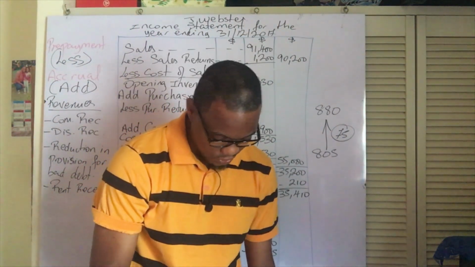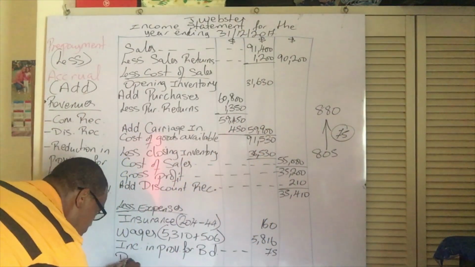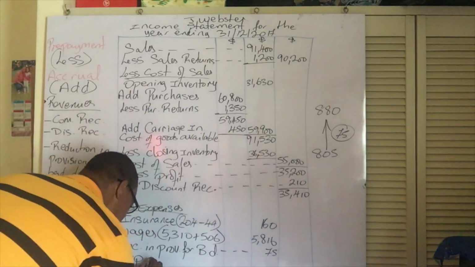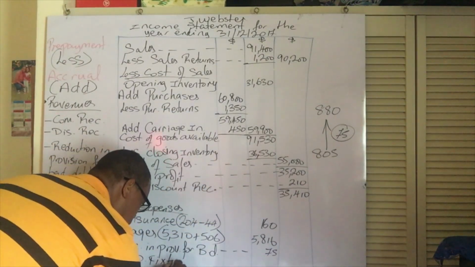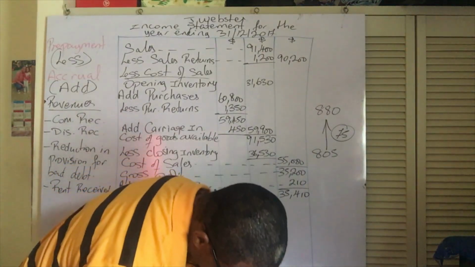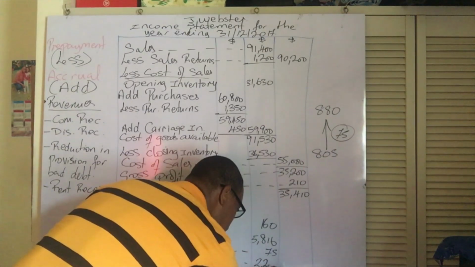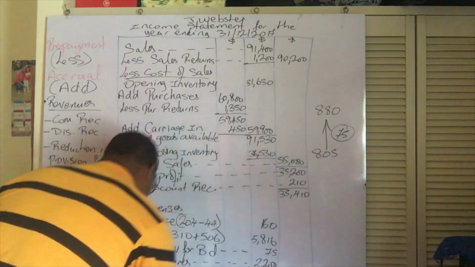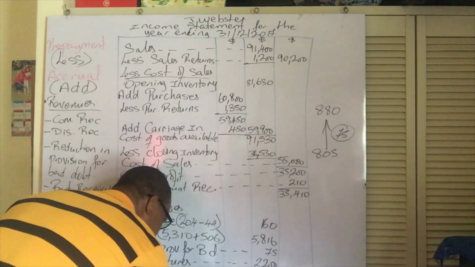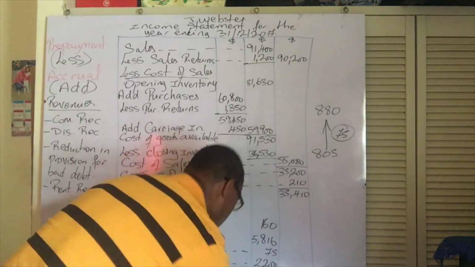So depreciation for fixtures is 2,200, and depreciation for motor van is 1,620.